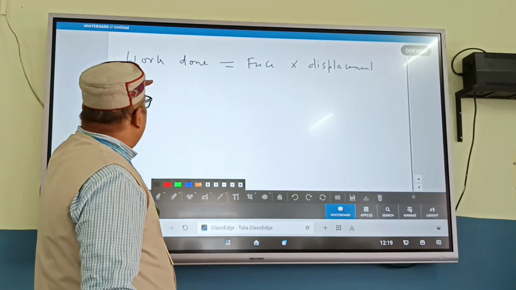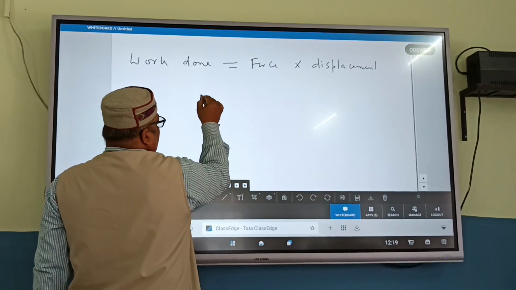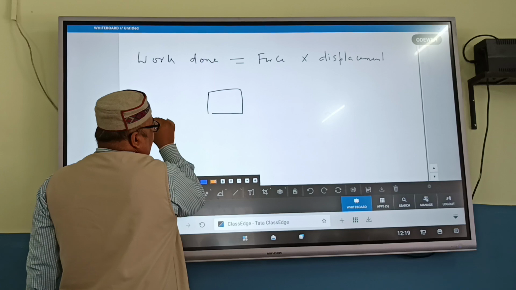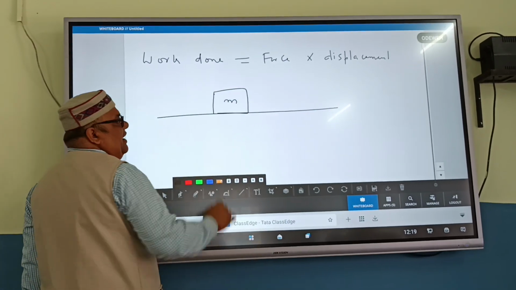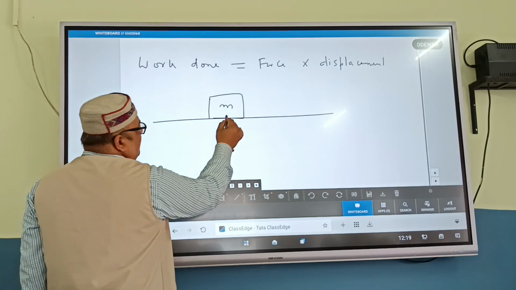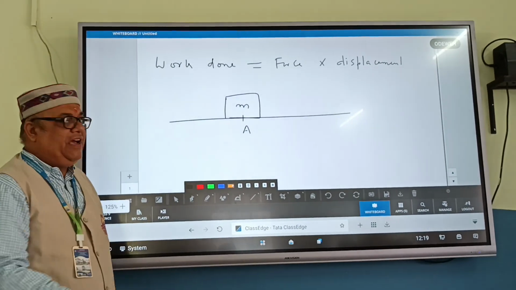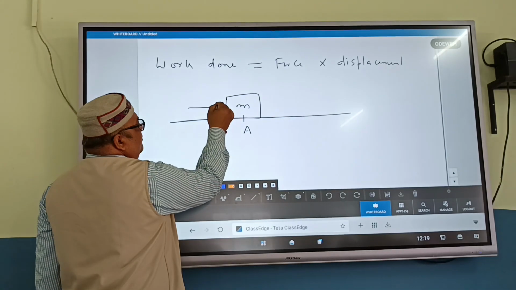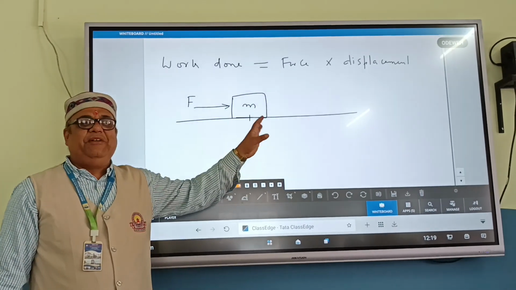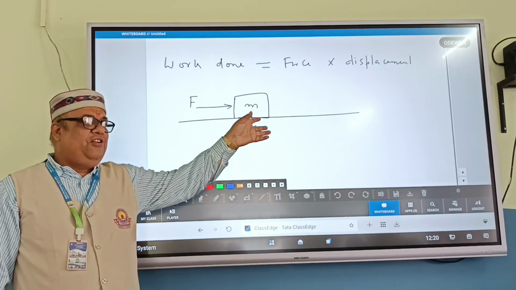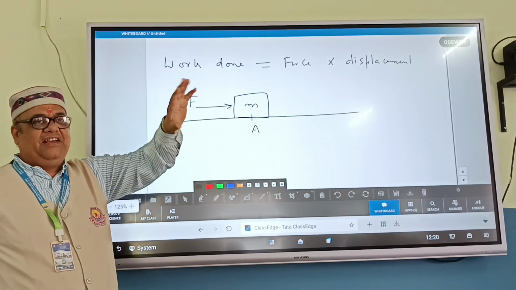If I show you something related to a picture, you can easily understand this fact. Let us suppose that this is an object of mass m, held at a point A. When we apply some kind of force to it, this force is definitely going to be an external force. There are internal forces, which are intermolecular forces that exist inside an object, but we are not considering that part.